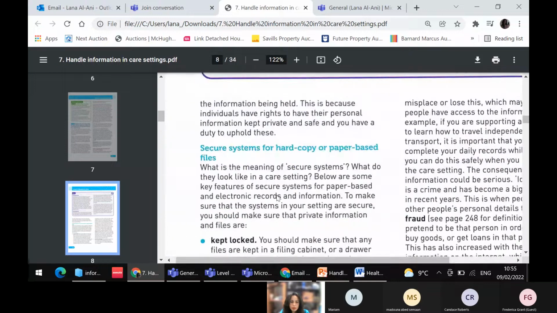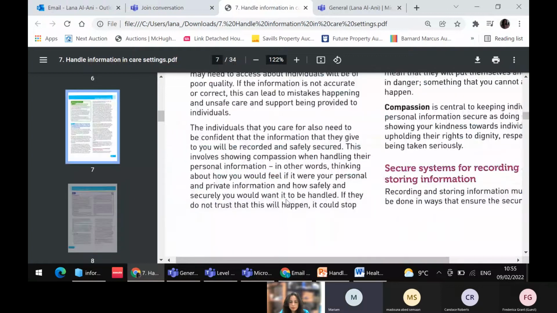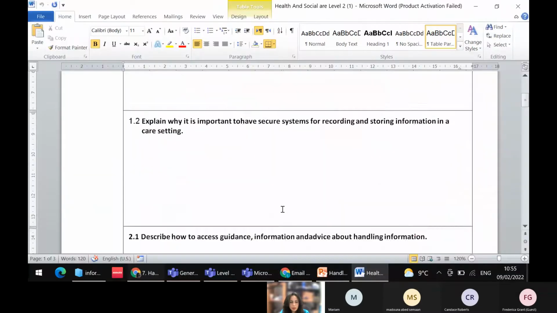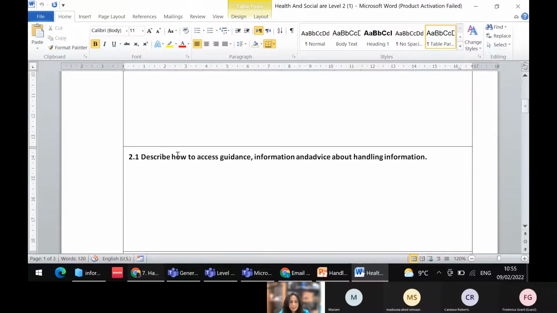Okay, so now let's look at where we are. Why it is important to have a system, we just talked about it. Now describe how to access guidance, information and advice about handling information.